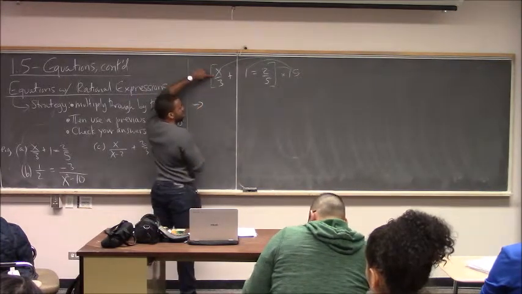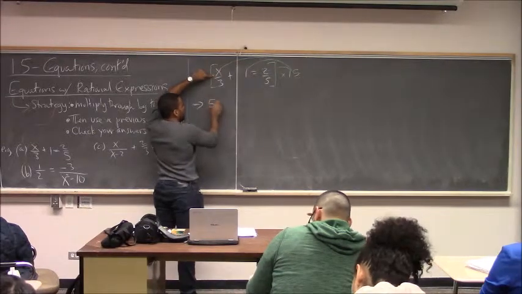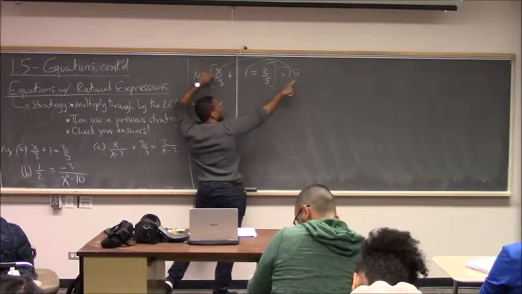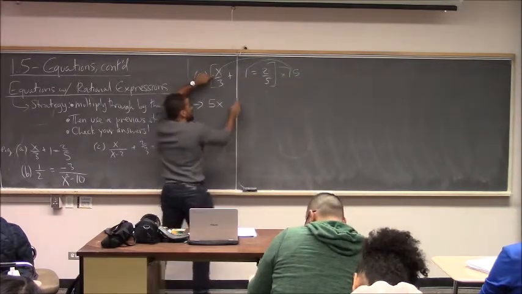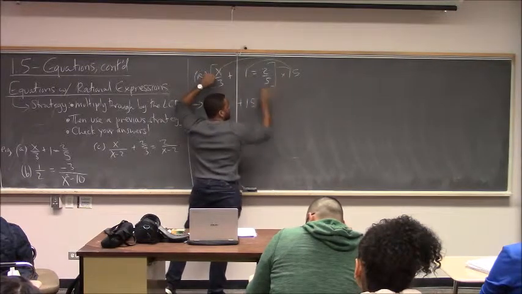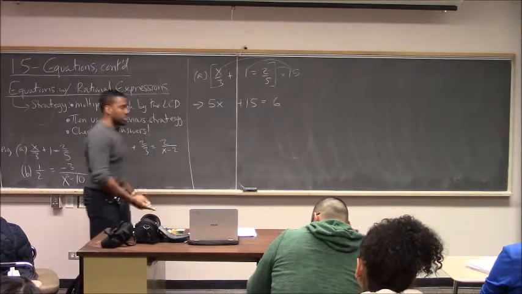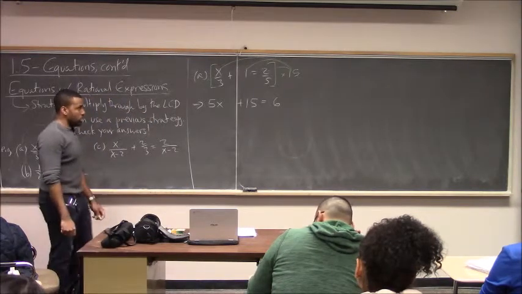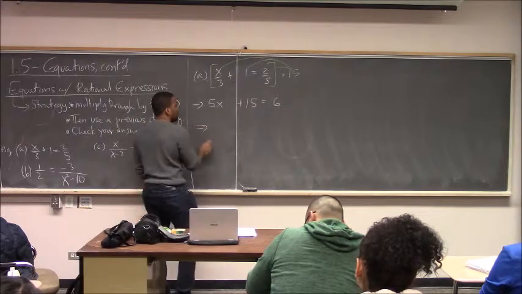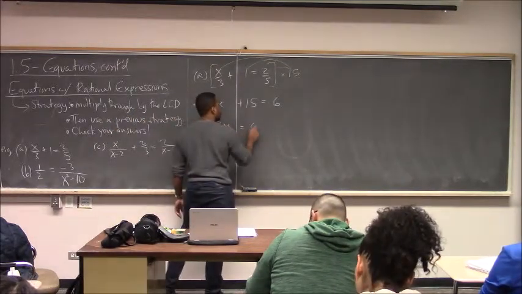Multiply the first guy by 15, what's going to happen? You'll end up with 5x because the 3 would cancel into the 15, leaving you with 5, and you end up with 5 times x, plus 1 times 15 equals here, the 5s would cancel, you'll end up with a 3 times the 2 would be 6. So now it's a linear equation, and you only have integers, so it's a bit easier to deal with. So again, the idea here is to isolate the x. We subtract 15 from both sides.